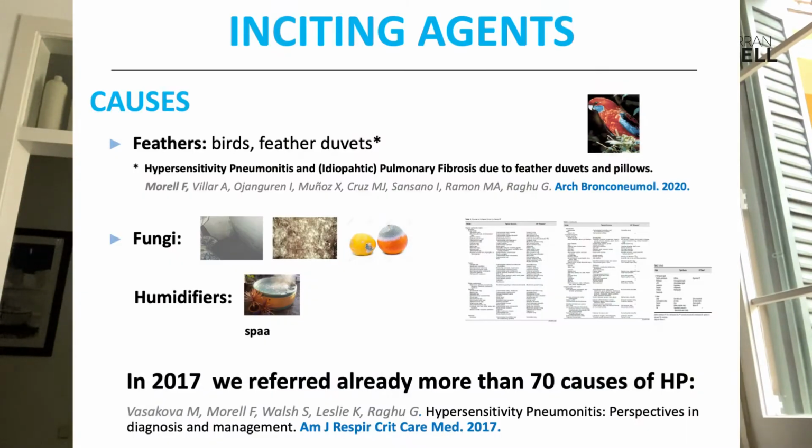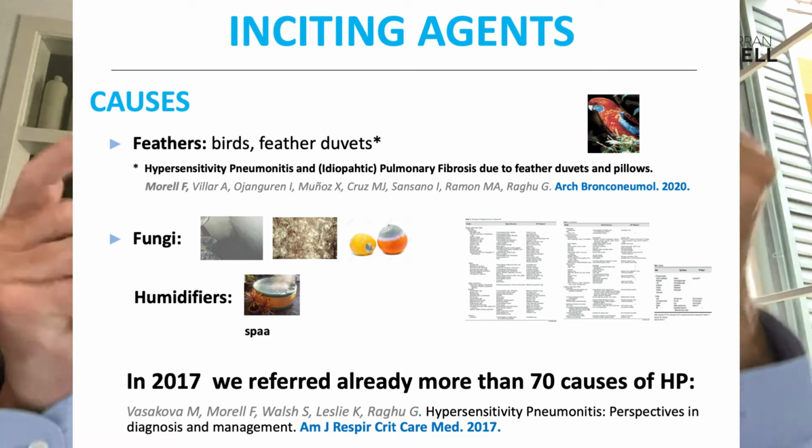Well, besides, there are the inciting agents. We know the feathers coming from birds, or feathers coming from duvets, or we usually find fungus, no? And you have the fungus in the walls, or fungus in material, or fungus stored in the warehouse, with some vegetables. And you can also have it with humidifiers at home, or spa.